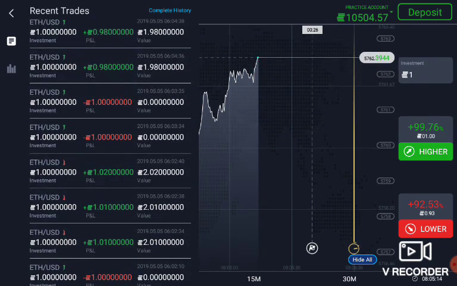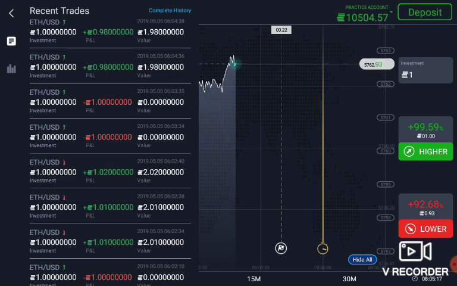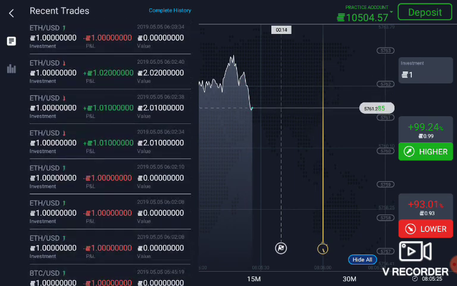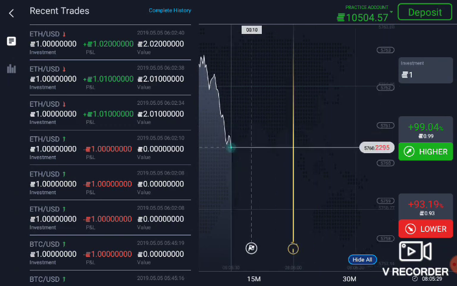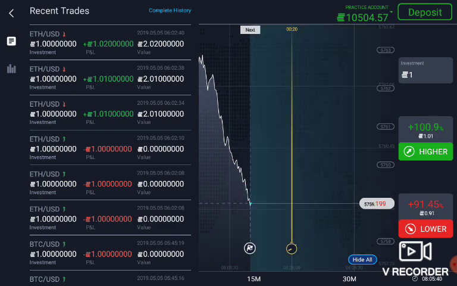And then if you pay attention to the arrow by the actual asset, whereas at the top we see ETH versus USD, and the arrow is going up, that means that was a call. If you see ETH versus USD and the arrow going down in the red, that was a put. Now, following that, the next number that you see in green or red tells you if you won or lost that contract.